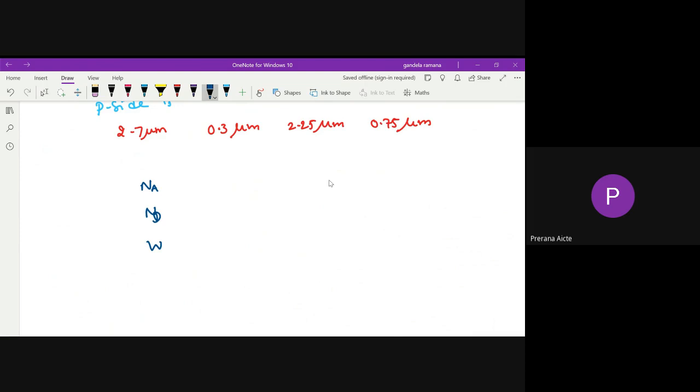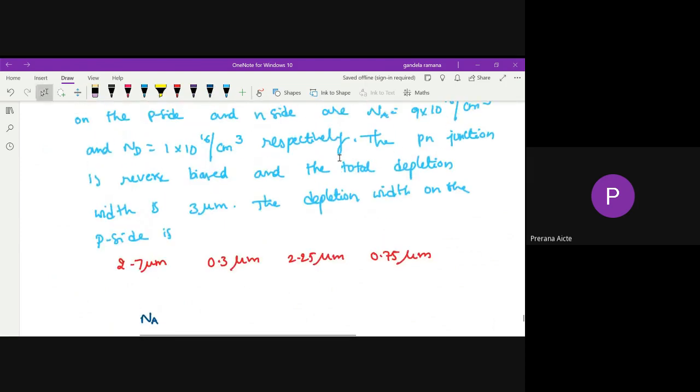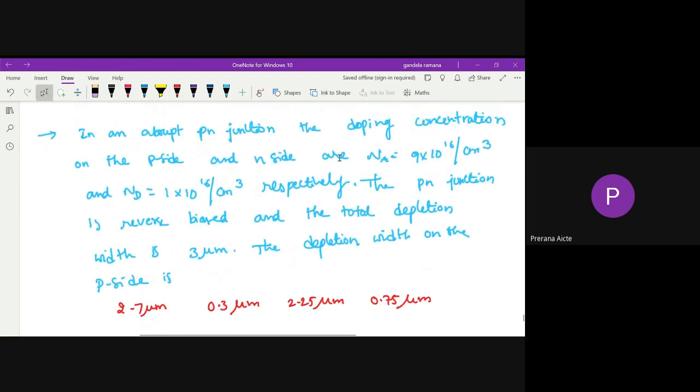Na is 9 into 10 power 16, Nd is 1 into 10 power 16, and the total depletion width is 3 micrometers.